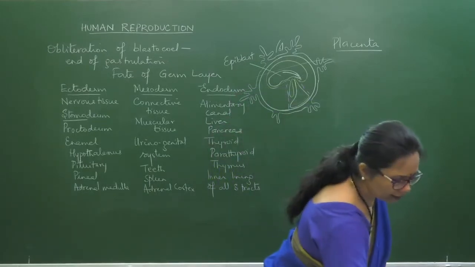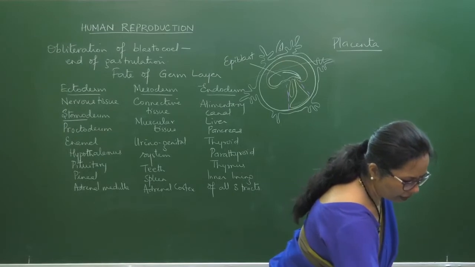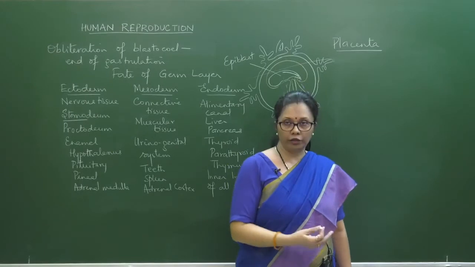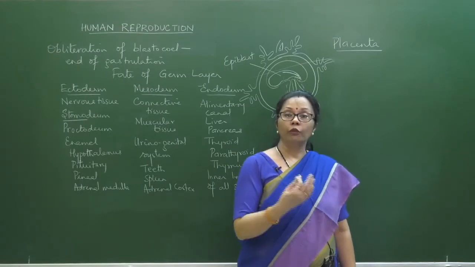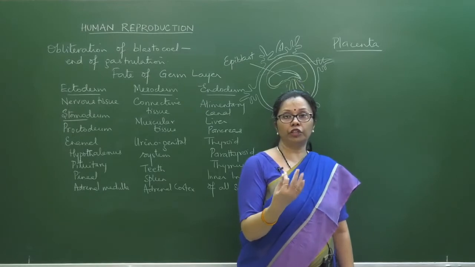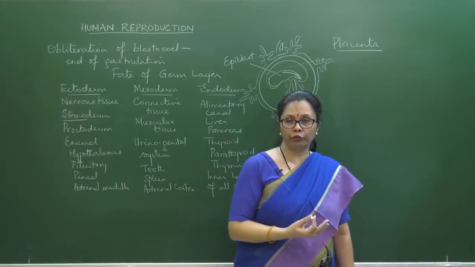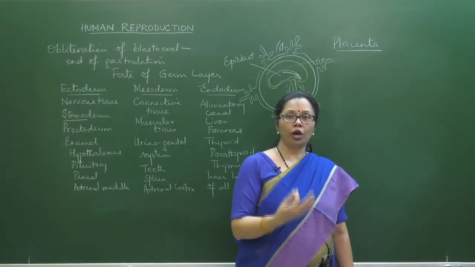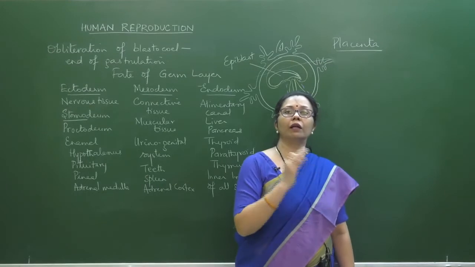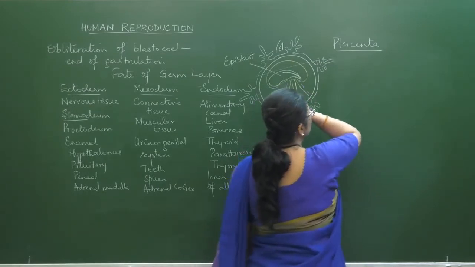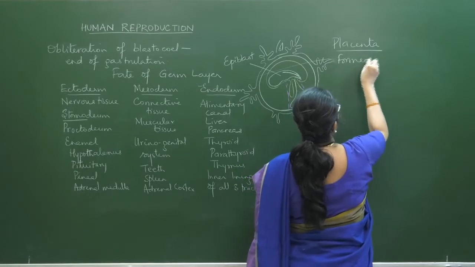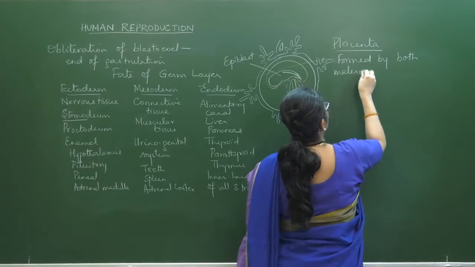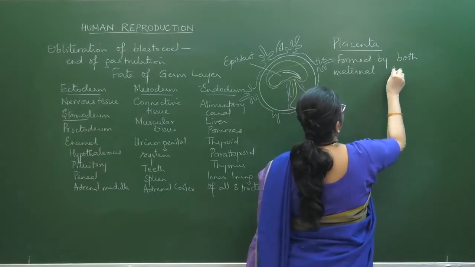Now the placenta, you can say, is a temporary organ as well as an endocrine gland. By definition, what is an organ? One in which more than one type of tissue is involved, right? So that way it can be considered an organ which is formed by both maternal and fetal tissues.